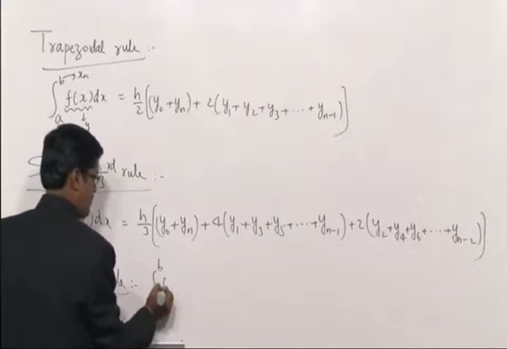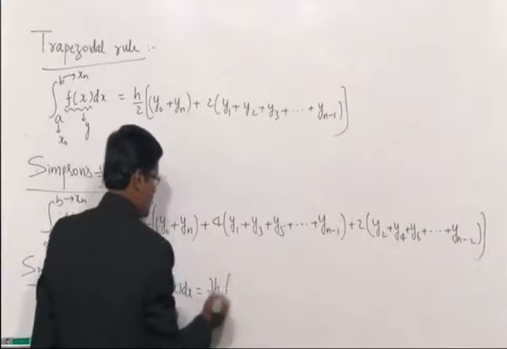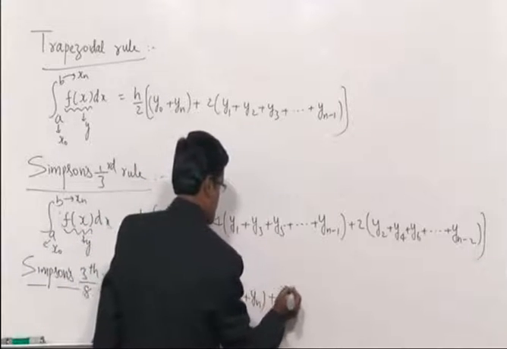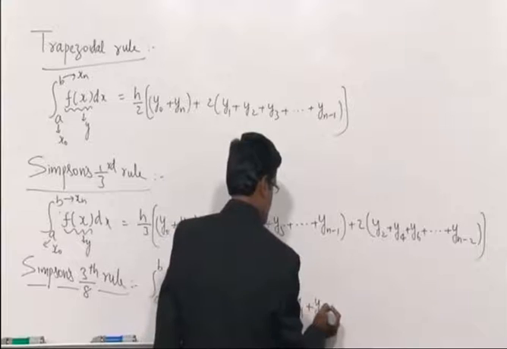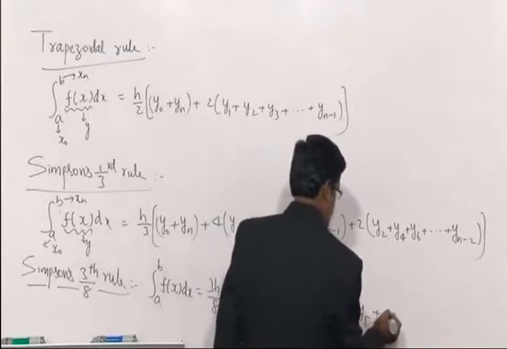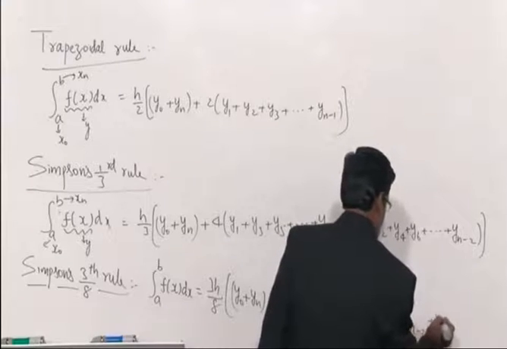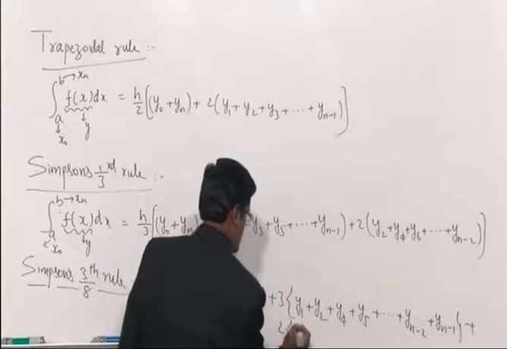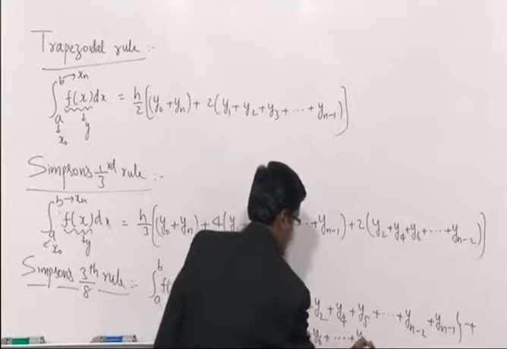Integral a to b f of x dx is equal to 3h by 8 into y0 plus yn plus 3 times y1 plus y2 plus y4 plus y5 plus so on yn minus 2 plus yn minus 1 plus 2 times y3 plus y6 plus so on yn minus 3.